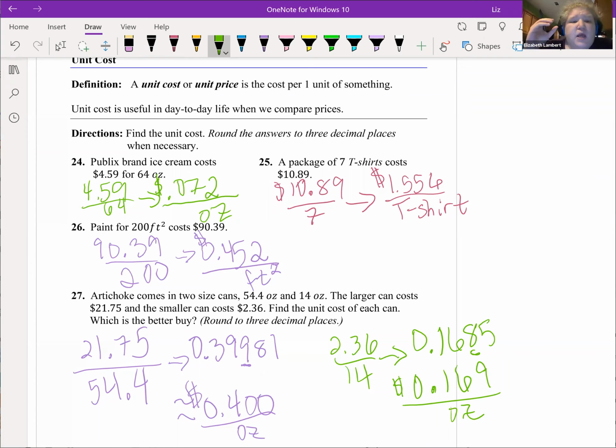Very useful. The nice thing is the grocery store a lot of times will actually configure the unit price for you, and they put it on the little barcode on the shelf. So there's the full price, and then it'll have a 54 cents per ounce.